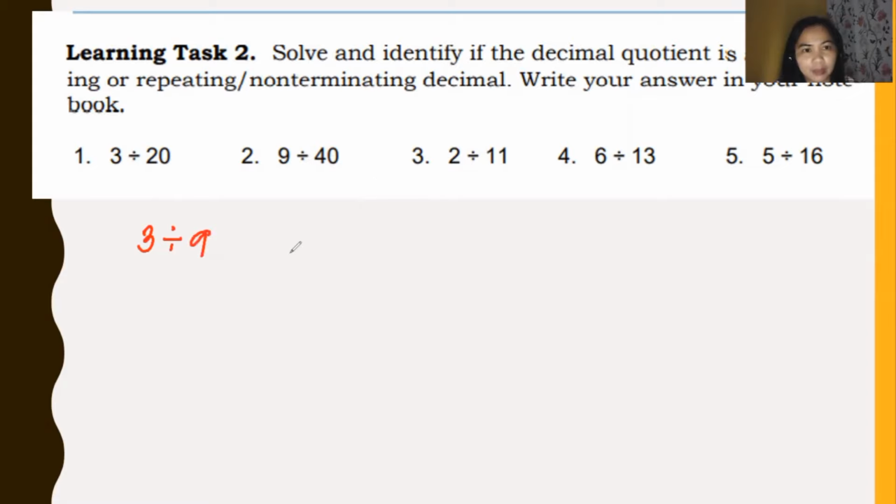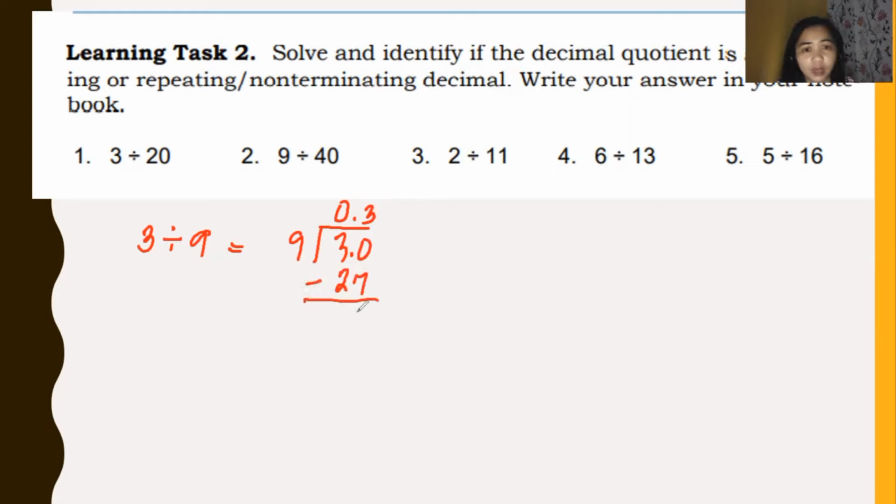So, paano malaman na siya ay terminating or repeating or non-terminating? So, we need to divide this. We have 3 divided by 9. 3 divided by 9 is 0. Cannot be. Add decimal point here and add 0. Then we have 30 divided by 9 is 3, which is 27.